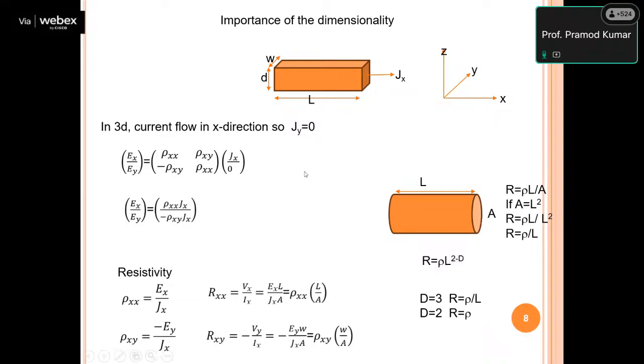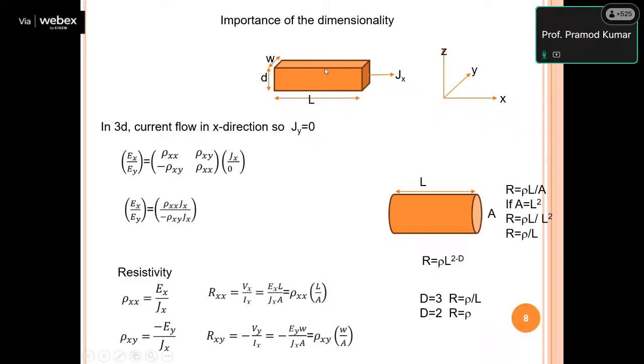Just try to look. We know that electric field equals rho, the resistivity, multiplied by the current density. And this rho is basically a tensor quantity. Because here, if you look, in this material, whenever current is flowing along the x-axis, two types of electric field are generated. One is along the x-axis, the second one along the y-axis.